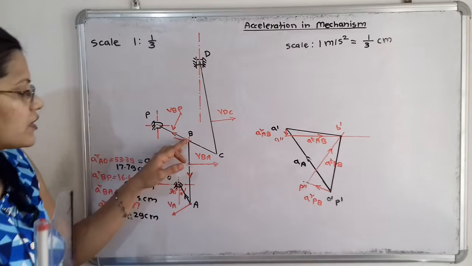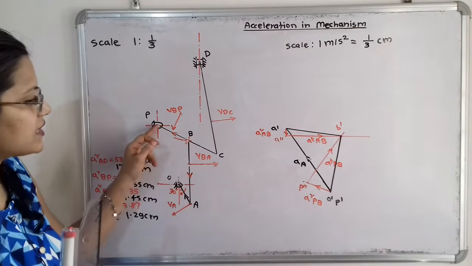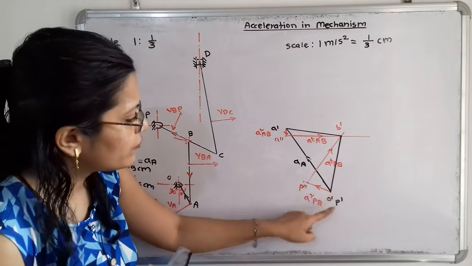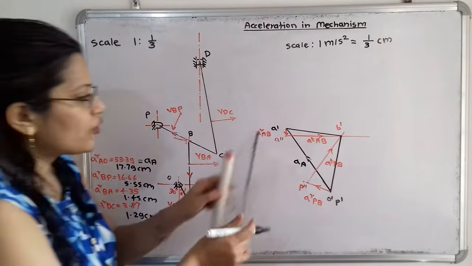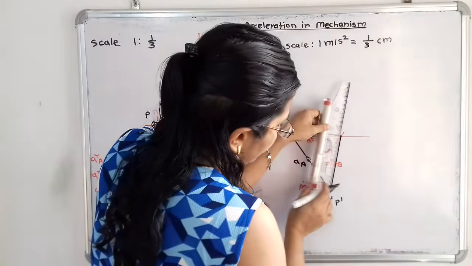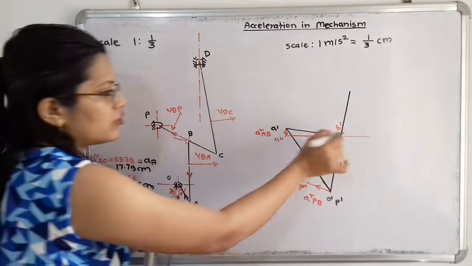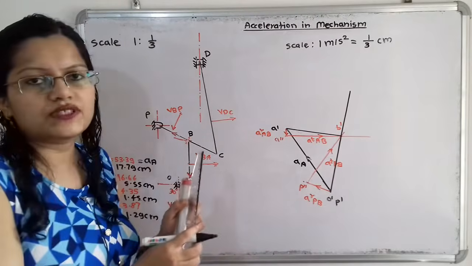Now if we observe, here is the link BC. This link BC is the extension of link PB. So where is the link PB? P dash to B dash is the total acceleration. I will extend this line and we have to locate the point C dash somewhere on this line. How do we select the exact location of this point C?